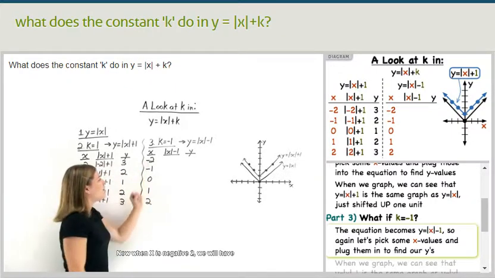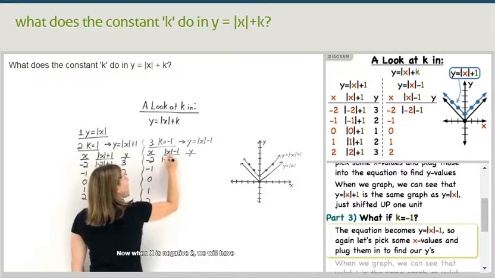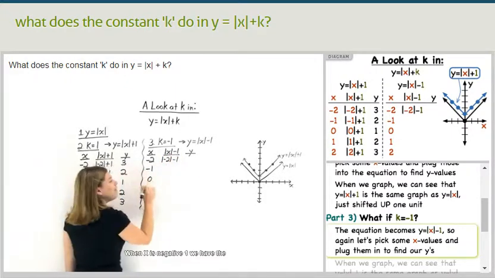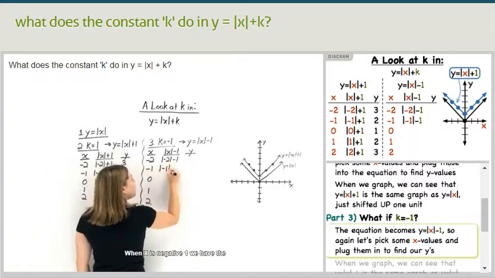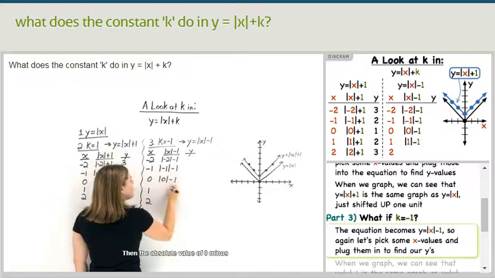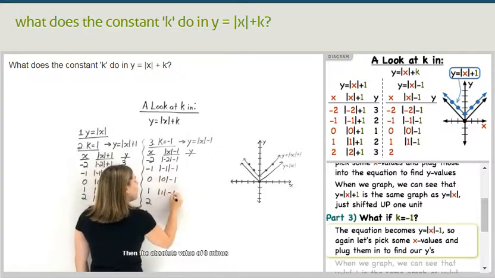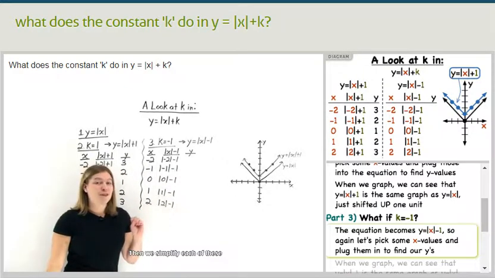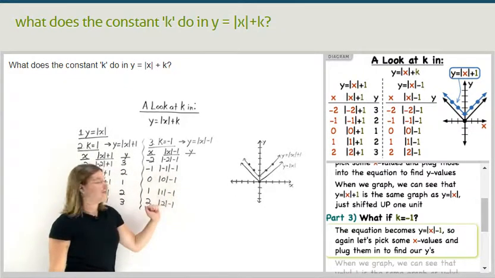Now when x is -2, we will have the absolute value of -2 minus 1. When x is -1, we have the absolute value of -1 minus 1. Then the absolute value of 0 minus 1, the absolute value of 1 minus 1, and the absolute value of 2 minus 1. Then we simplify each of these expressions to get our y values.